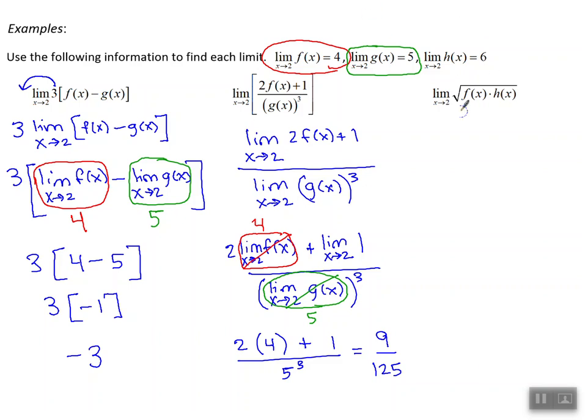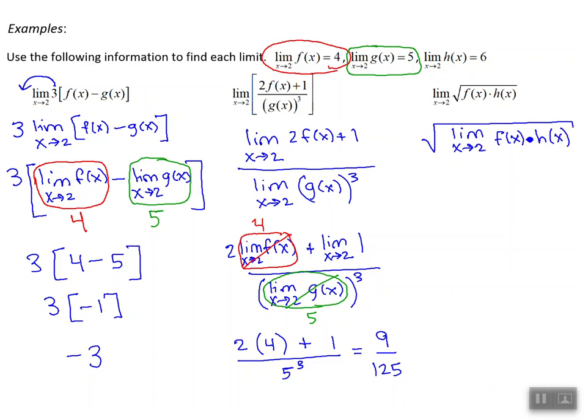Finally, taking a look at what happens when we have a root, it works very similarly to how it worked when we had a power. Where we took the power of the limit, we can also take the root of the limit. So this can be rewritten as the square root of the limit as x approaches 2 of the product f of x times h of x.